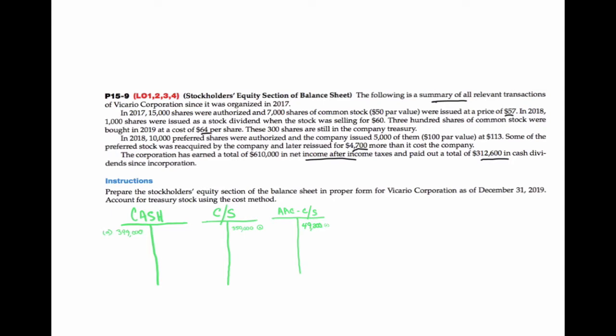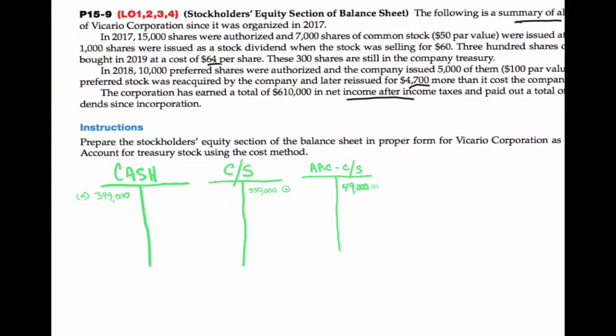It says in 2018, 1,000 shares were issued as a stock dividend when the stock was selling for $60. And here a dividend comes out of retained earnings.